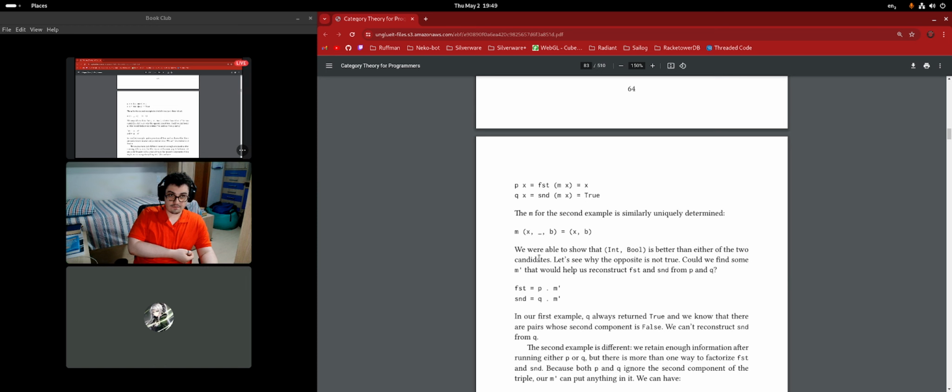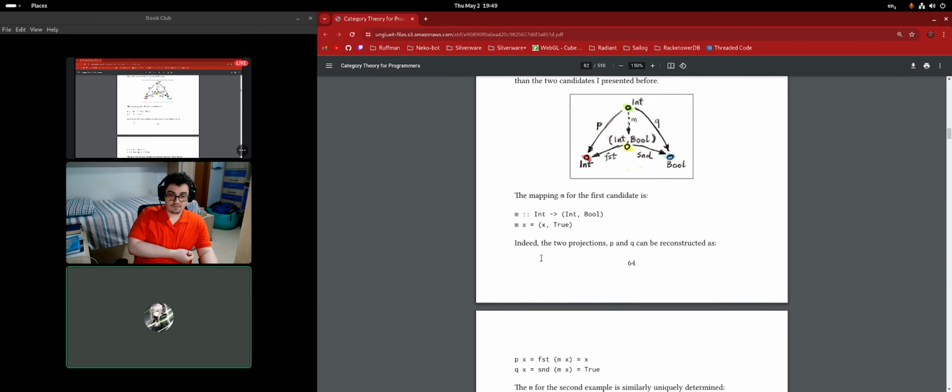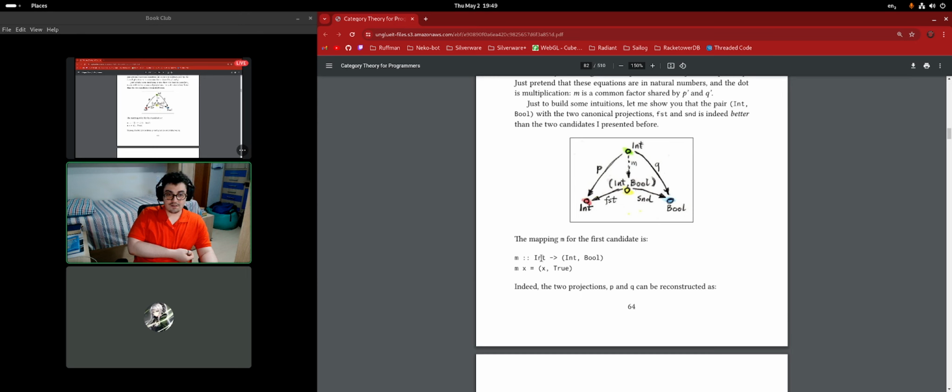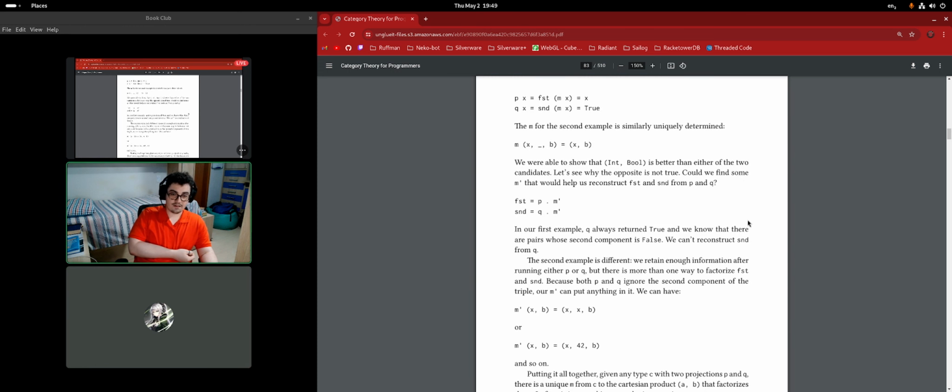Which candidates? As far as my understanding goes, oh, the int and the triplet, these are the candidates. Okay, then in that case, I just read it wrong. That is the case. We show that.